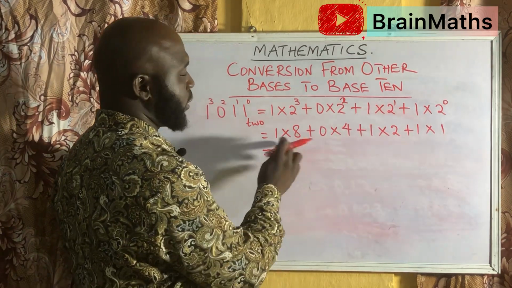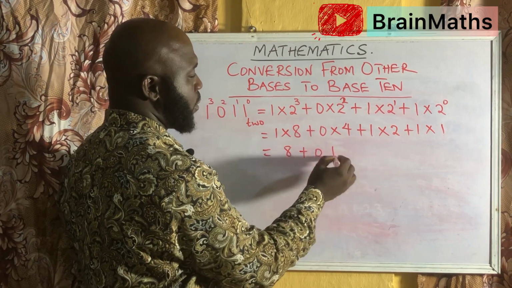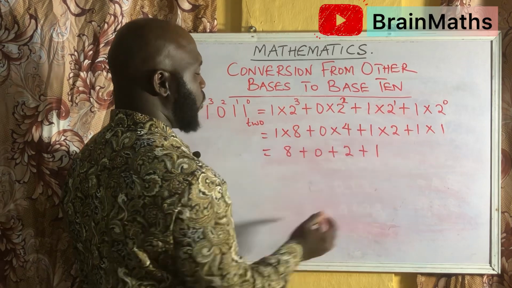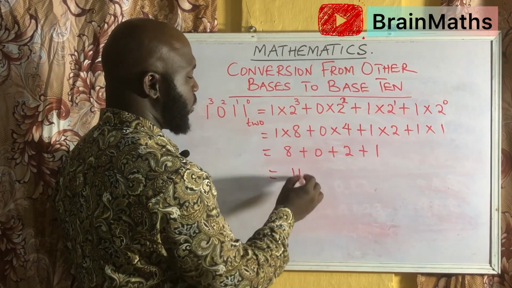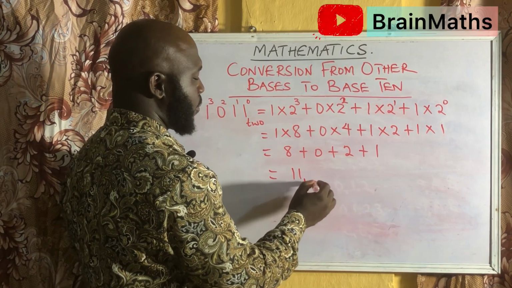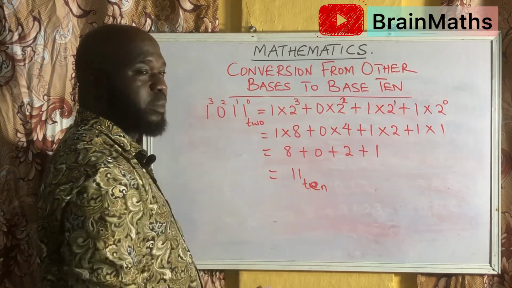So we have 1 times 8, 8, plus 0, plus 1 times 2, 2, plus 1 times 1, 1. So 8 plus 2 is 10, plus 1, that will give us 11 in base 10. So our answer to this is 11 in base 10.